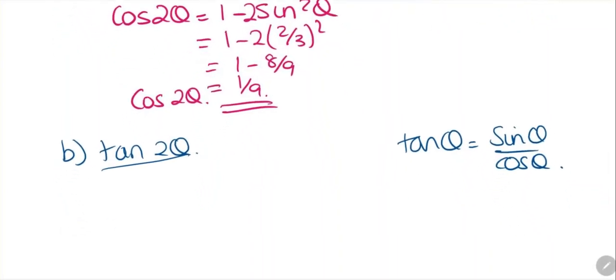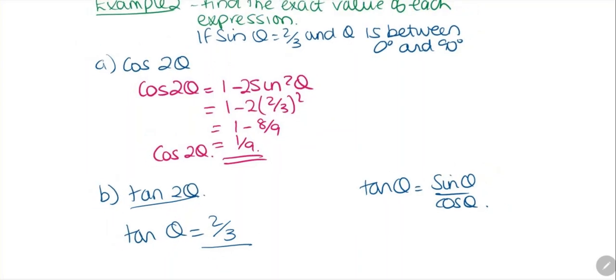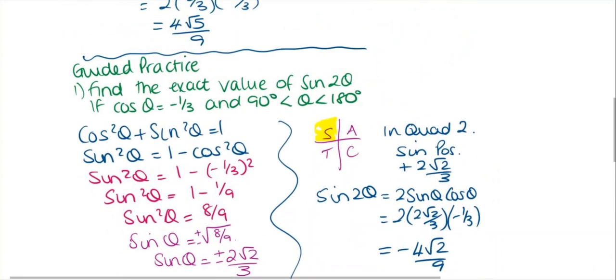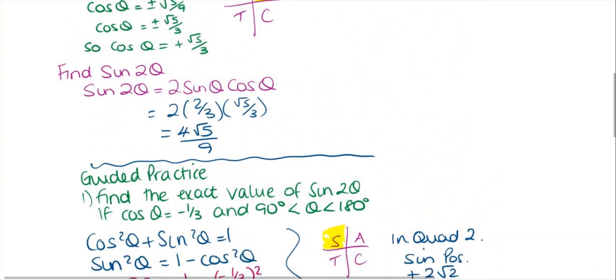So the first thing we're going to do is substitute in the values. We know that sine theta is 2/3, and this is divided by 1 over 9. Actually, it's not 1 over 9 because that is cosine 2 theta. We need the previous answer that we worked out, which was, if we go back, cosine theta is root 5 over 3.